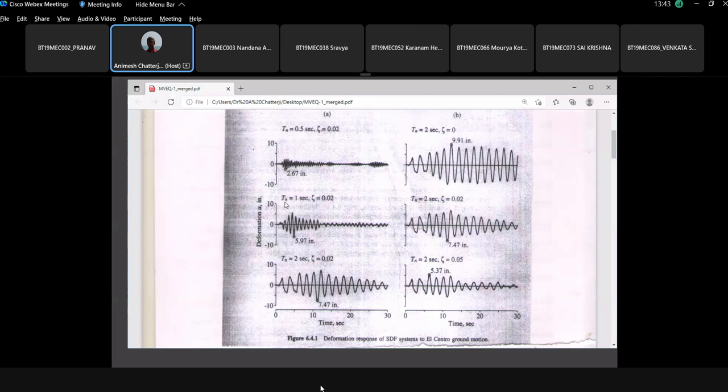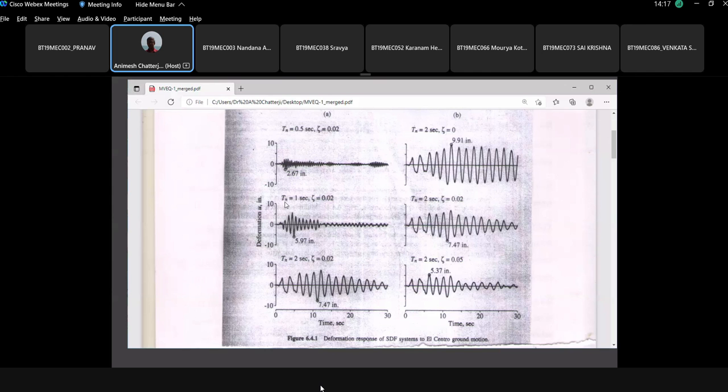Let me repeat again. Sometimes we use omega n, but in America, people generally use Tn. Tn is natural time period. 1 by Tn gives us frequency in hertz. 2 pi by Tn gives us frequency in radian per second.